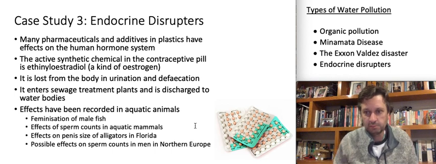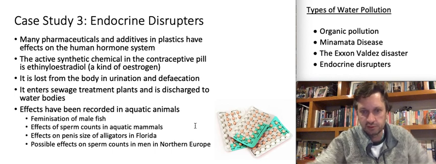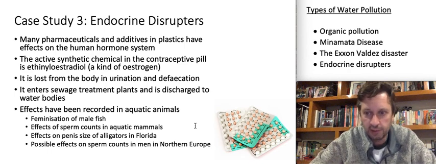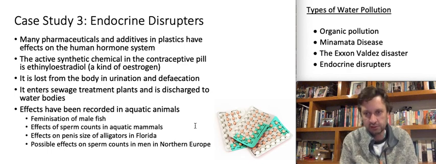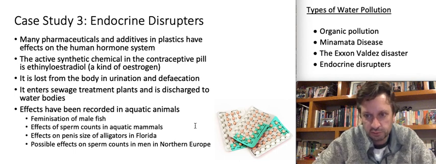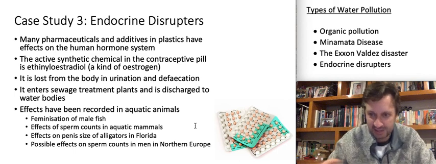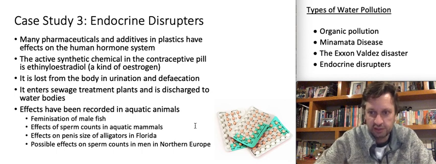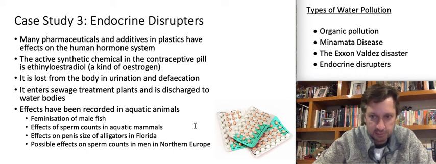It would take a braver person than me to want to do that for a living, I can tell you. And there's other effects possibly, although cause and effect is difficult to prove, on human sperm counts. And it has been recorded a decreasing sperm count in men in Northern Europe. So that's synthetic chemicals and endocrine disruptors.